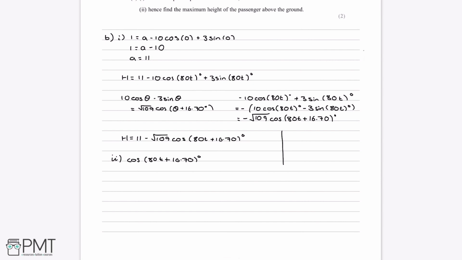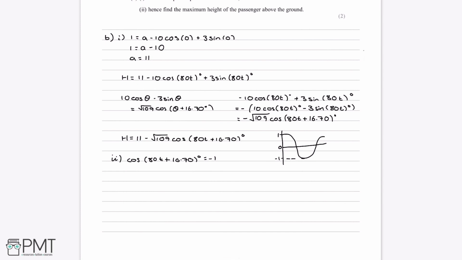And we know this if we were to draw a rough sketch of a cos graph, where here is 1 and this is minus 1. And so we can see that the smallest value that cos can take is minus 1. And therefore, if we were trying to make this as small as possible, we would have to make it equal to minus 1. That's as small as we can get it.